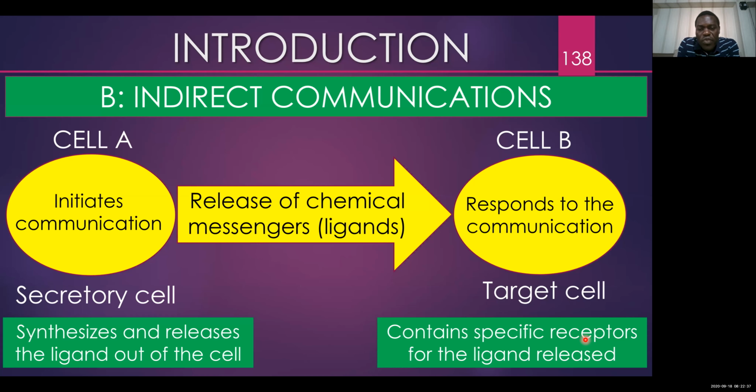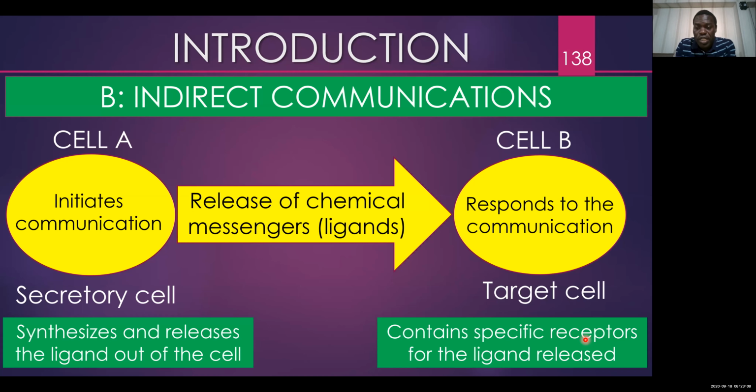So the cells of your femur will then contain receptors for growth hormone. And so that growth hormone will actually target the bone cells. In this case, maybe they're in the femur. And then the target cell is the one that will respond to that communication by initiating particular cellular responses. In this case, now you need cell division, and that's what will happen.